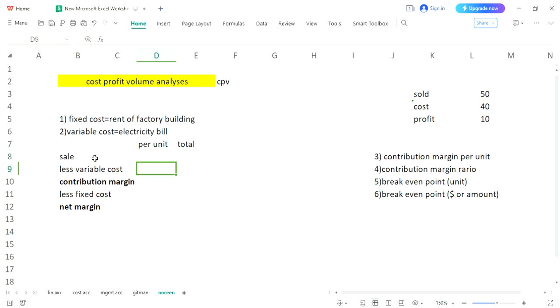Example, we can make it. Let's say you are selling 100 units. This we have decided that you are selling, the total number of units is 100. And this would be discussed over here.